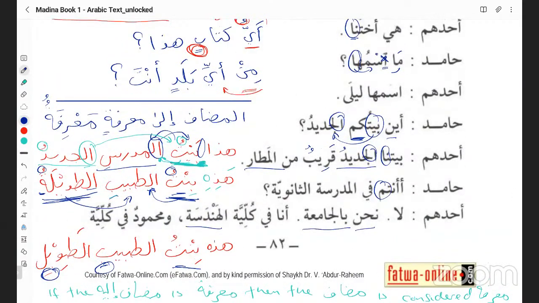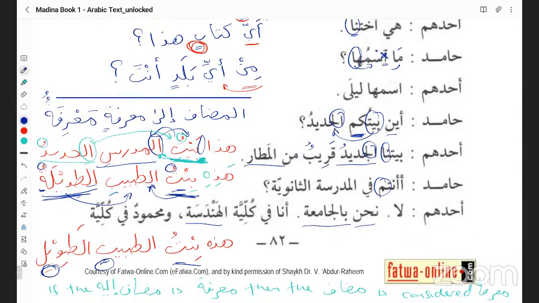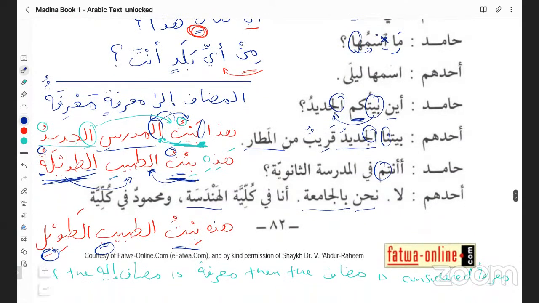Remember we said that if the mudaf ilayh is ma'rifa, then the mudaf is considered to be ma'rifa, and just to get that practice, inshallah, and that will help you with the conversation, speaking to someone.